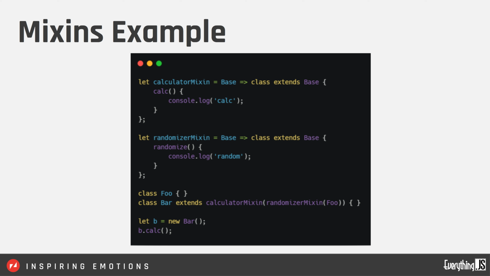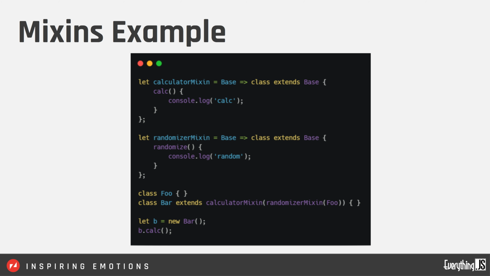Say you have a class called parent calculator, and it has some logic to it. If you want to add the calculate method, you have to pass that parent calculator class to this particular function. When you call this, it will create a brand new anonymous class and extend it with the base class, so whatever methods the base class has will be there, and the calculate method again will be there. This is the way of creating a mixin.